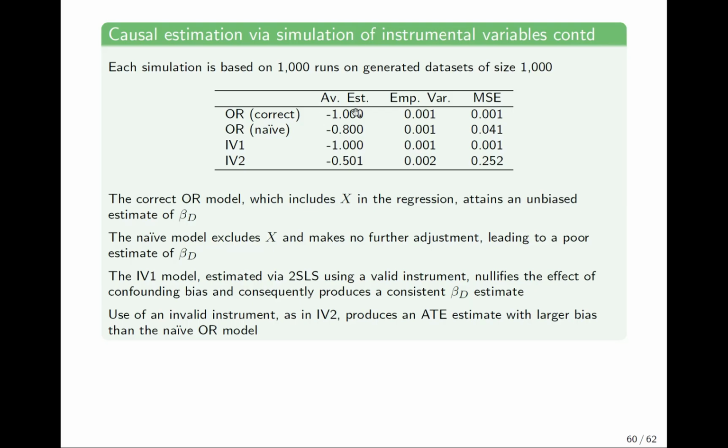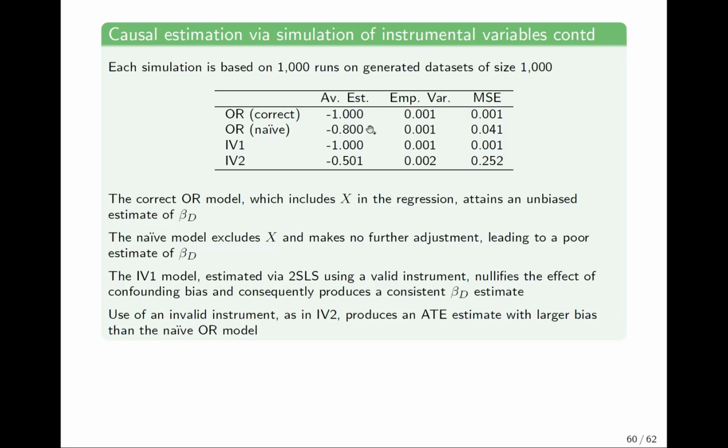So, if you can put covariates in a model, you should do so. But sometimes we can't, and when we can't, if we just exclude them and estimate the naive model and don't make any adjustment for confounding or simultaneity, that leads to a poor estimate of beta D. It's biased here, as you can see, -0.8 is the expected estimate.